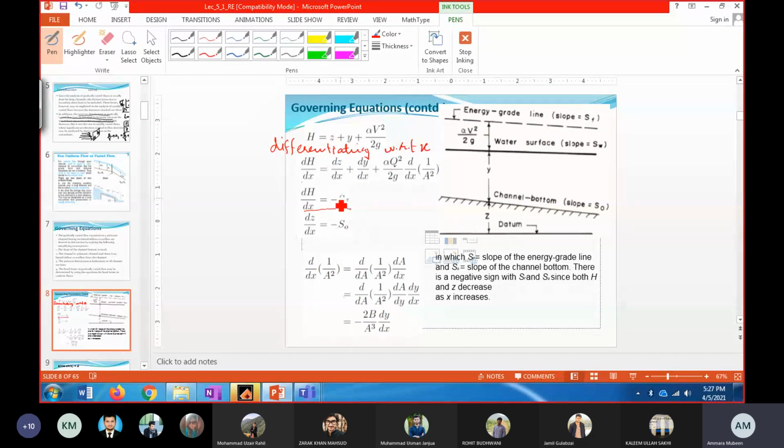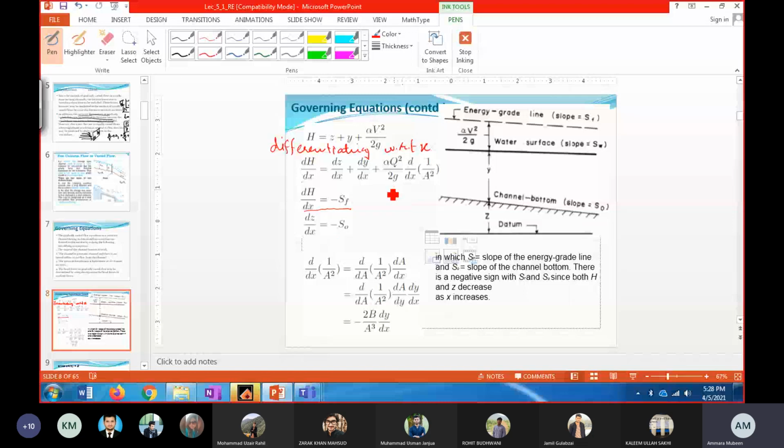The minus sign indicates that this is a negative slope, so you introduce a minus sign. dz over dx is the bed slope. The minus sign indicates that it is also a negative slope, as with increase in distance, the potential head decreases. That is why you give a negative sign here.